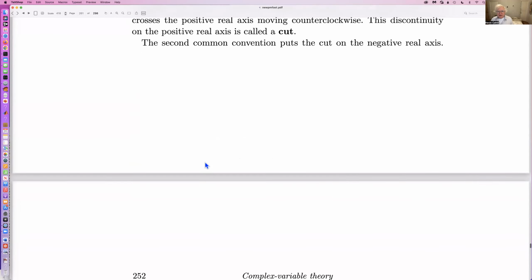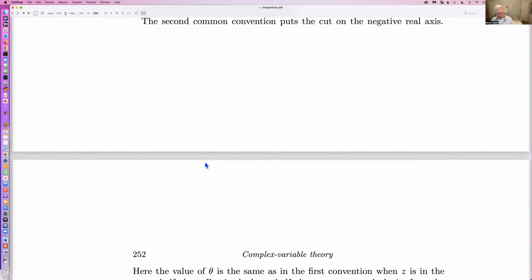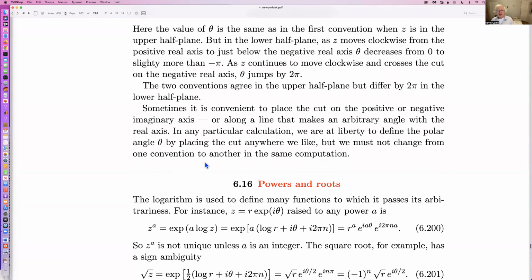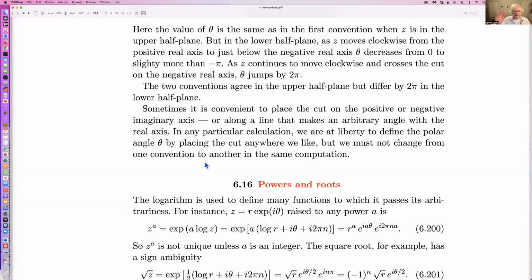The second common convention is you put the cut on the negative real axis. So here, theta is defined in the same way when z is in the upper half plane, but in the lower half plane, as z moves clockwise from the positive real axis to just below the negative real axis, theta decreases from 0 to a little more than minus pi.